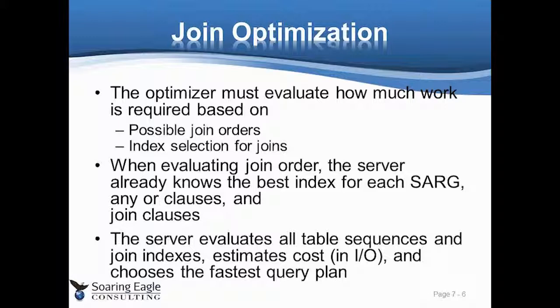And as a result, it tends to find optimal join orders more quickly based on how much information it's going after. So where it says the server evaluates all table sequences and join indexes, that's only mostly true. It does estimate the cost, and it does choose the fastest query plan. Note this is another change of behavior from the older SQL Server behavior, which was the cost that brought back the least I/O. Today, in the parallel world, it is the fastest query plan that it looks at.